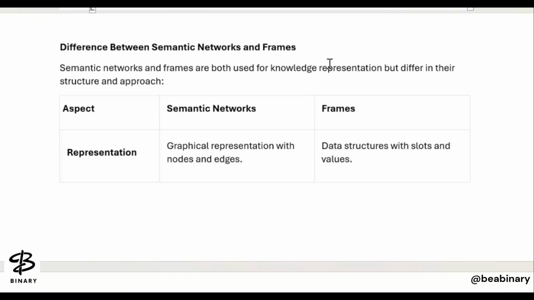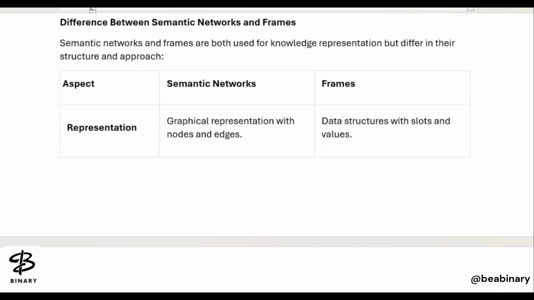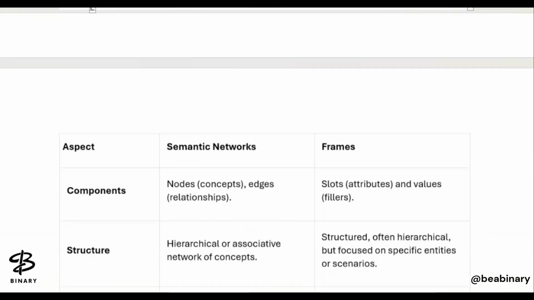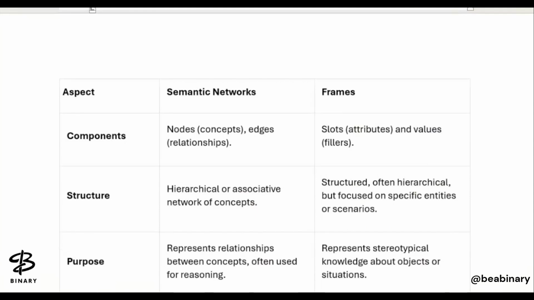The first difference is the representation: a graphical representation with nodes and edges in semantic networks, and in a frame, a data structure with slots and their values, which can be default values, right?